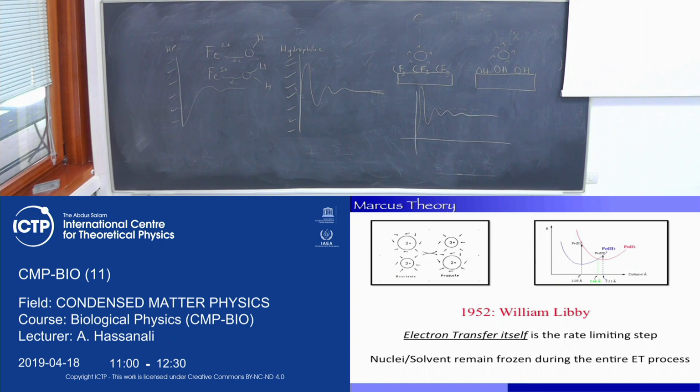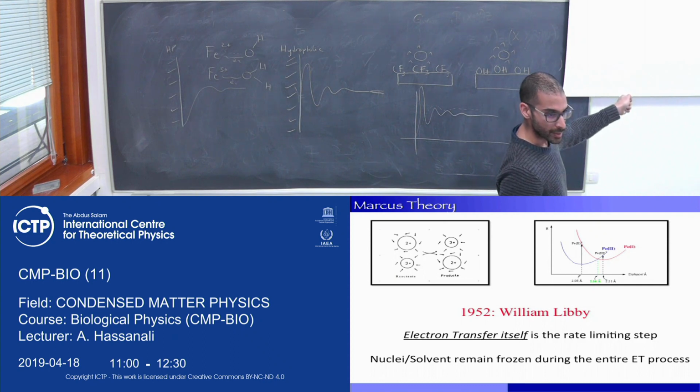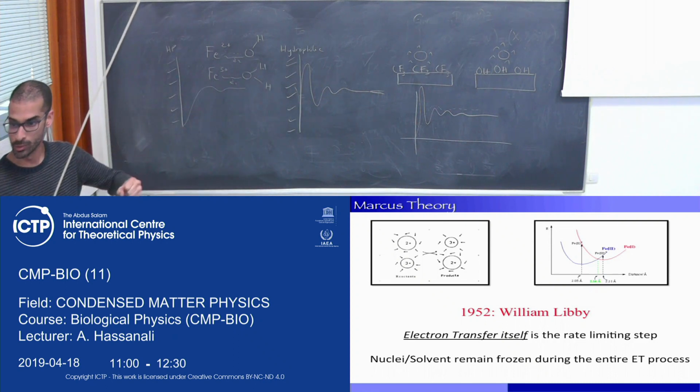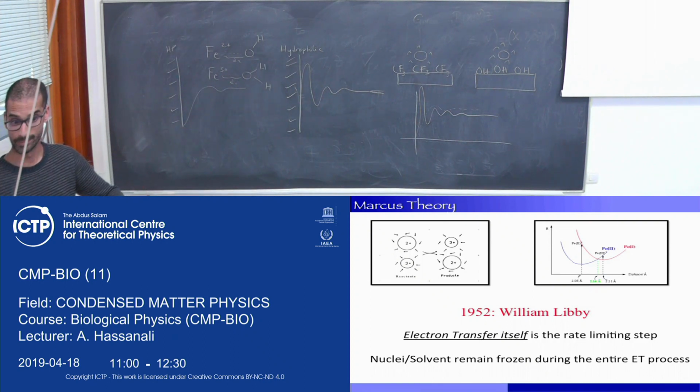So let me put it this way. If you looked at the pair correlation function, again, the radial distribution function between this and this versus this, you'd expect there to be a difference. Right? If I have a Fe3 plus, it should be shorter compared to Fe2 plus. Okay, fine. So this was known. But Libby says for electron transfer to happen, the nuclei remain frozen. They don't fluctuate. So that's one assumption he makes.